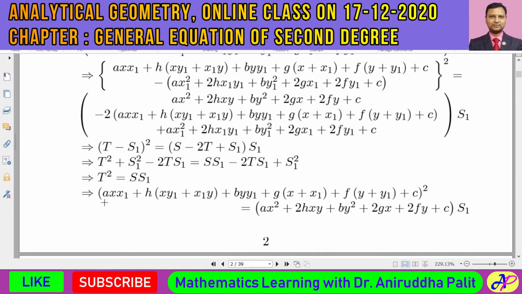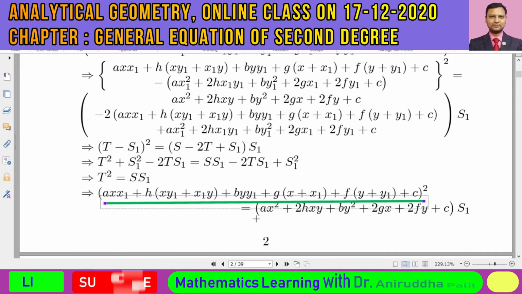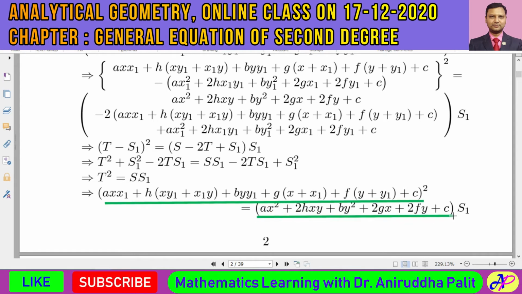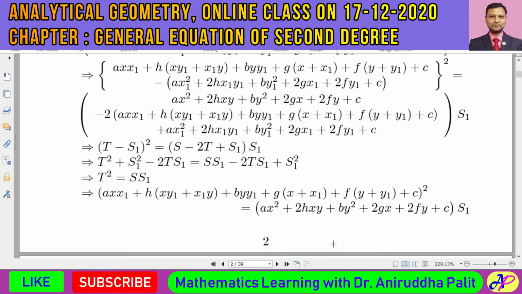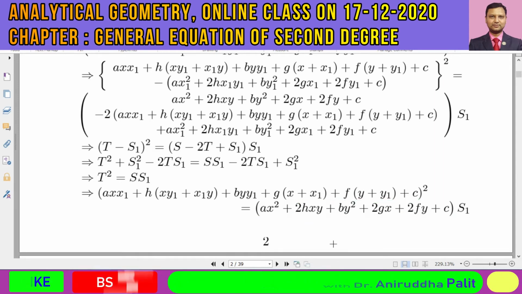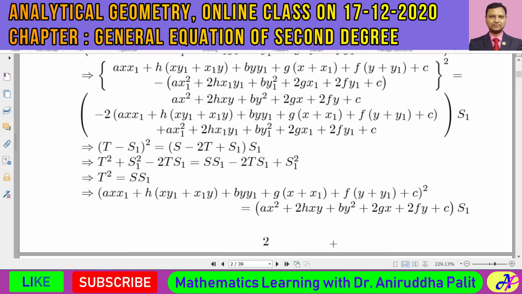If we now expand it, this is the expression of t, this is expression of s, and that is actually s1. You see, but look at this expression very carefully. This is not the equation of a straight line. Again, I am saying that this is not the equation of a straight line.